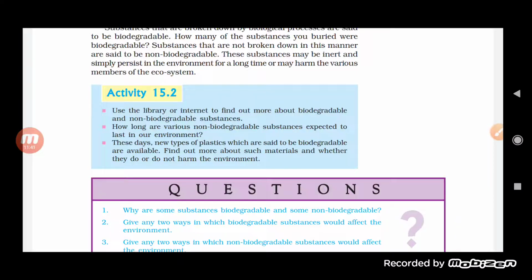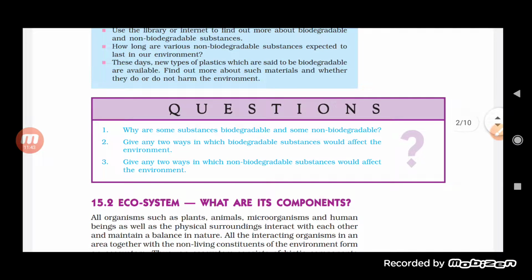So, the question is why are substances biodegradable and non-biodegradable? It is because the name itself explains a lot. Biodegradable means the substance can be broken down with the help of a biotic component. And who is responsible?